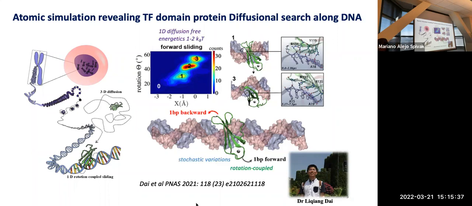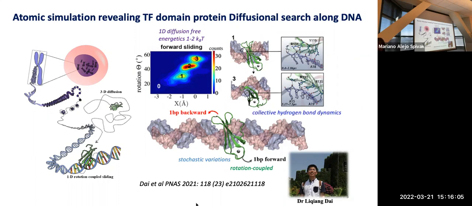And we can actually get a rotation-coupled motion of this small transcription factor protein. We can also see stochastic variation. Basically, we just see one base pair forward, backward there. And we can deduce the energetic ruggedness about 1 to 2 kBT, consistent with previous measurements.